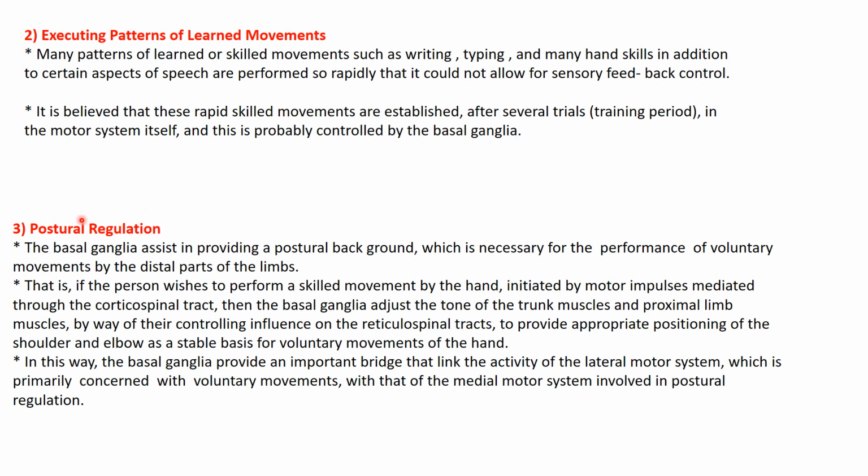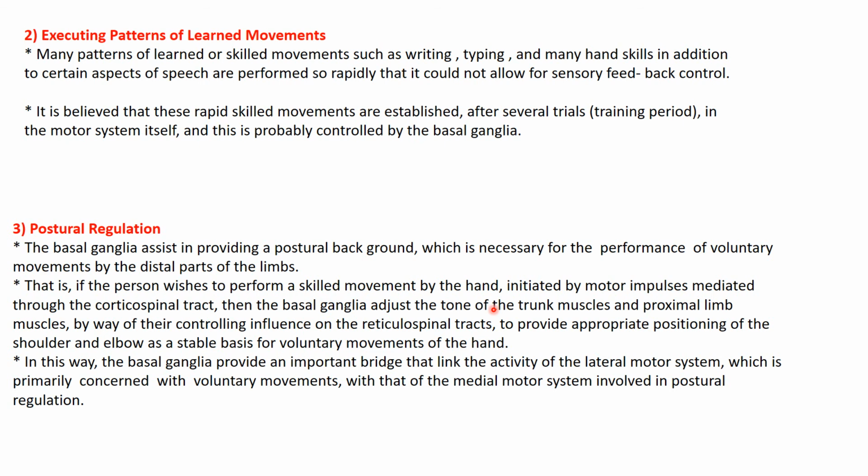Postural regulation. As we mentioned, the basal ganglia act as a bridge between the lateral motor system that produces the movement of the distal parts of the limbs and the medial motor system that controls the position of the trunk and the axial muscles.